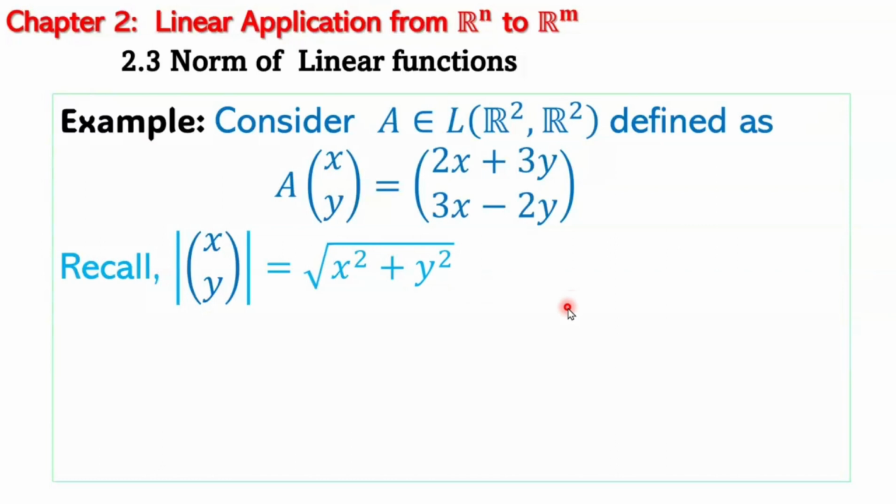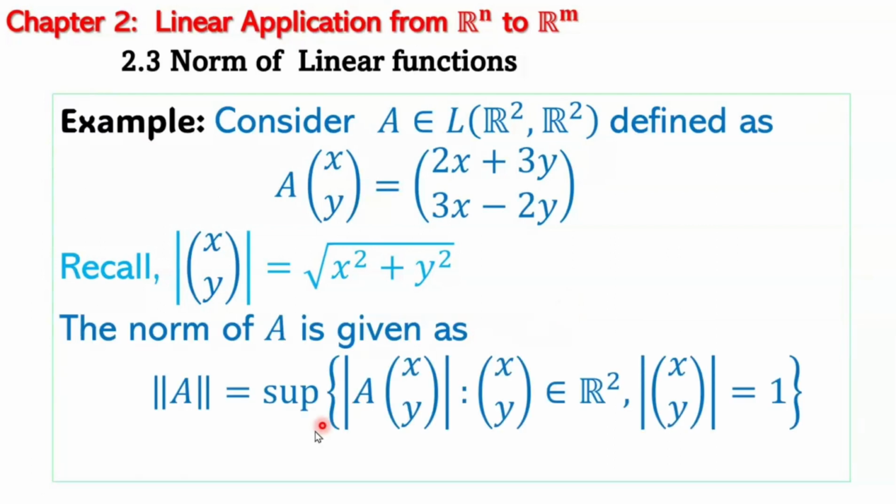The norm of A is the supremum of |A(x,y)|, where (x,y) belongs to R2 and |(x,y)| = 1.